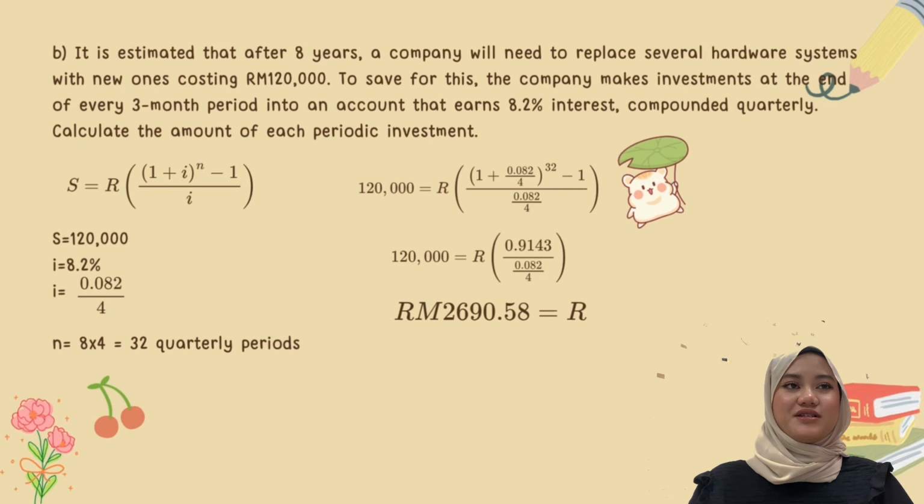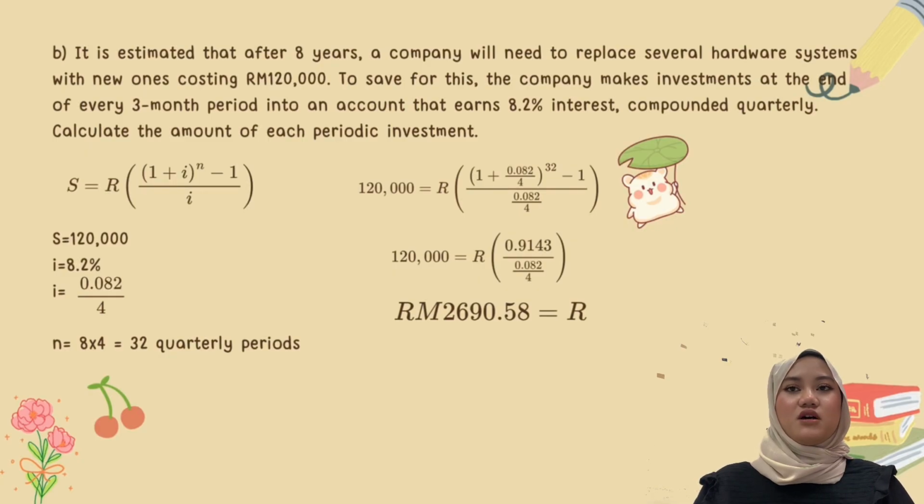So in this question, the company anticipates needing 120,000 ringgit in 8 years to replace hardware systems. Instead of saving a lump sum, they plan to invest at regular intervals in an account that compounds interest quarterly at 8.2% per year. So here, we use the future value of an annuity formula to determine how much must be invested periodically.